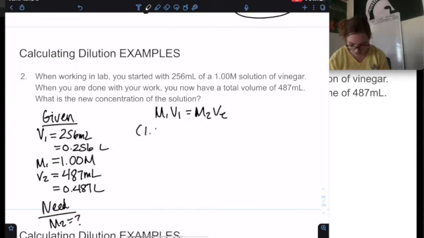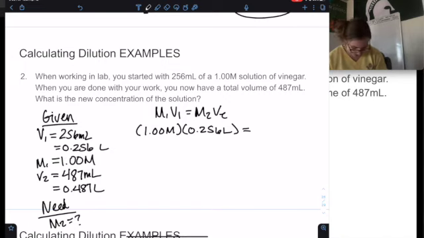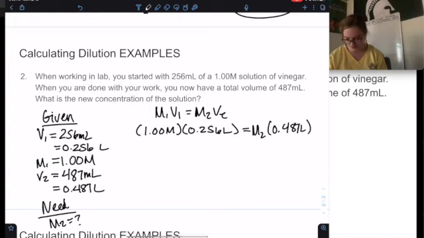In this case, we're given that M1 equals 1.00 molar, V1 is 0.256 liters, and M2 is what we're looking for. We're actually not given that. Slip up in the words. And V2 we are given as 0.487 liters.